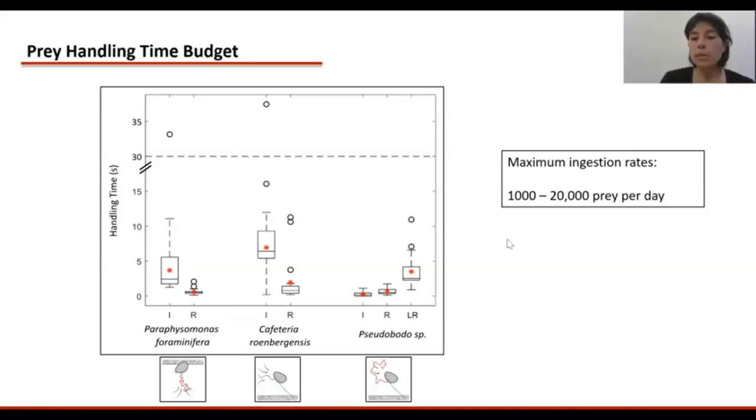We can calculate the maximum ingestion rates with these handling times, and they range from 1,000 to 20,000 prey per day. This is largely in agreement with results from incubation experiments, which can range from 600 to 6,000 prey per day.